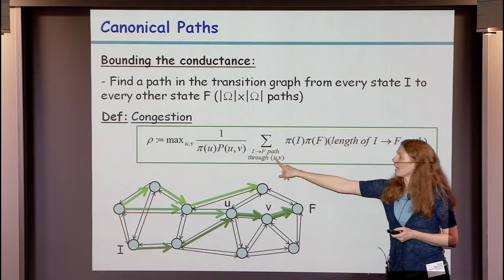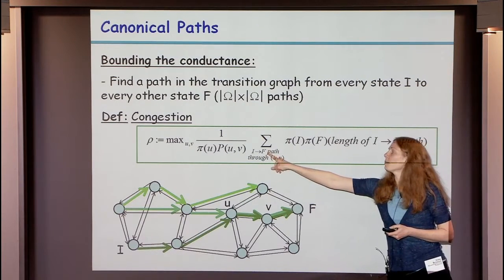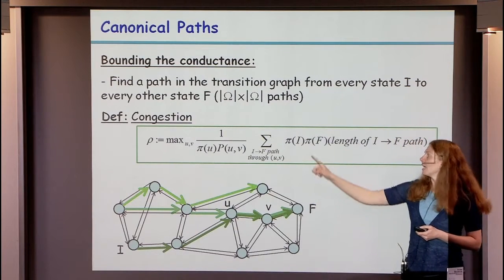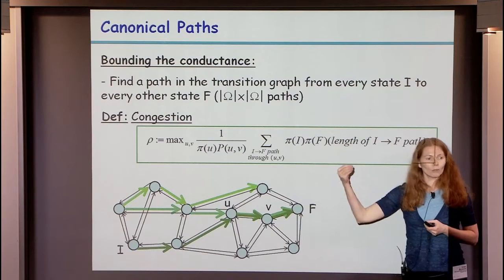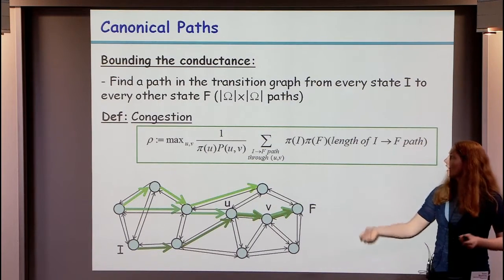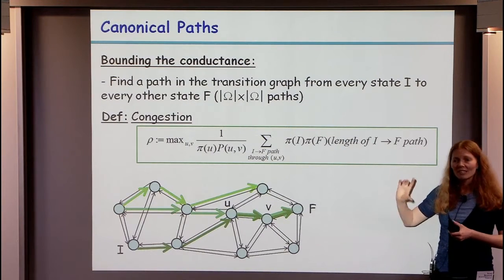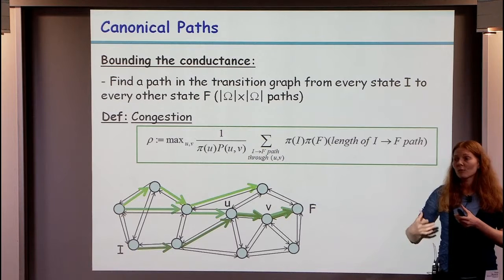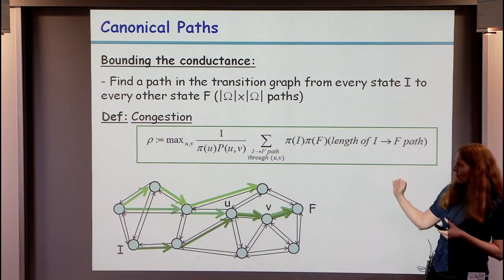I am looking at a transition UV. I'm looking at all of the paths that go through it. The paths contribute pi of the starting point of the path times pi of the end point of the path. But now I have this additional length of the path, but the actual mixing time bound will not be a square of this value, but it's going to be just a linear function of this value.